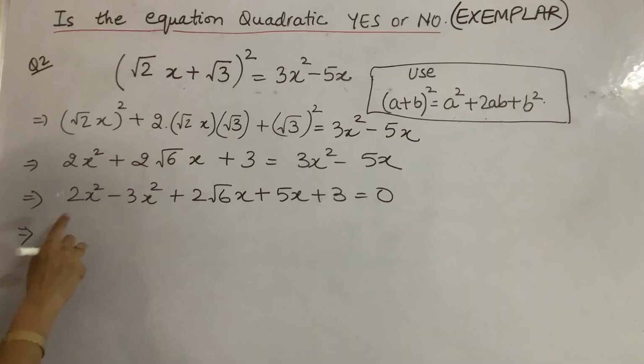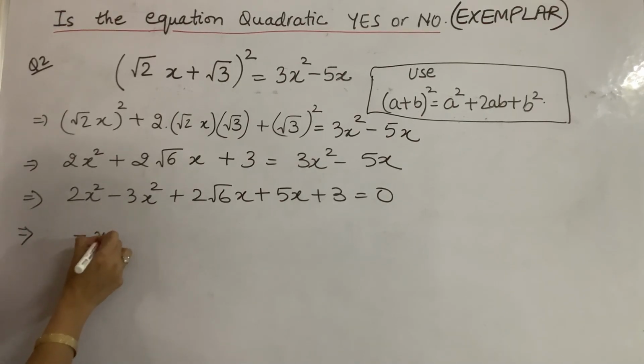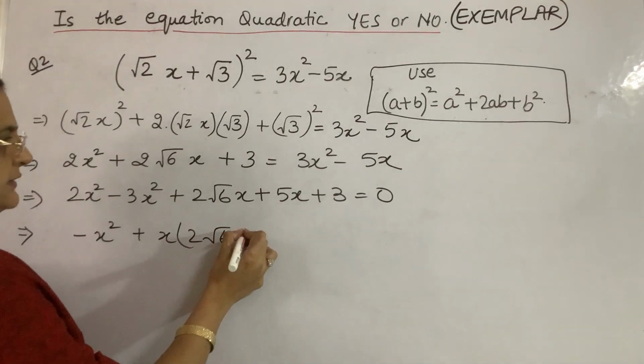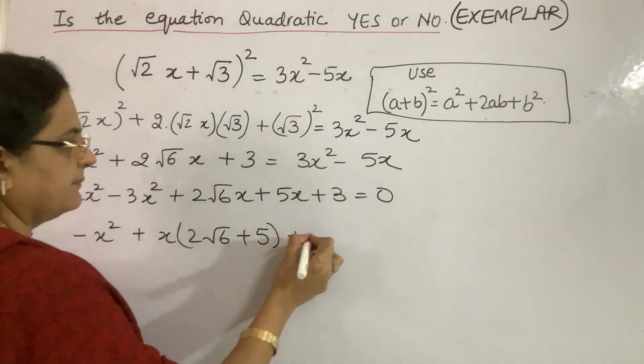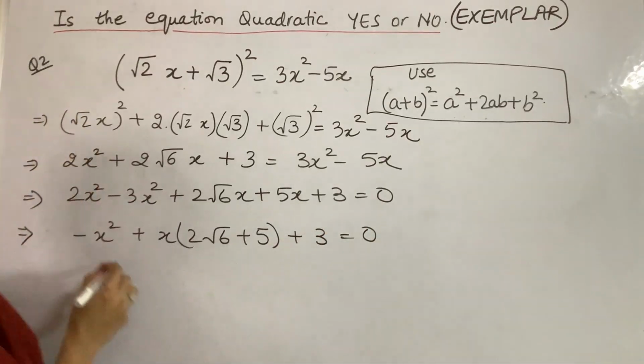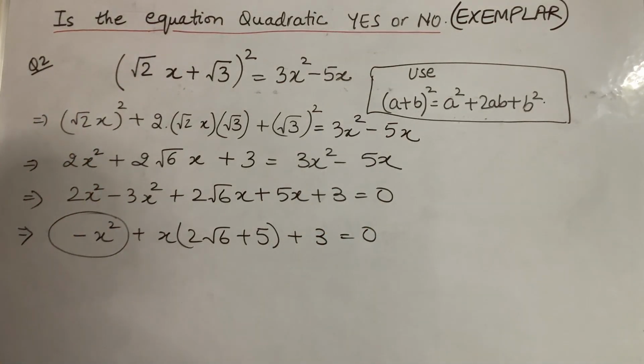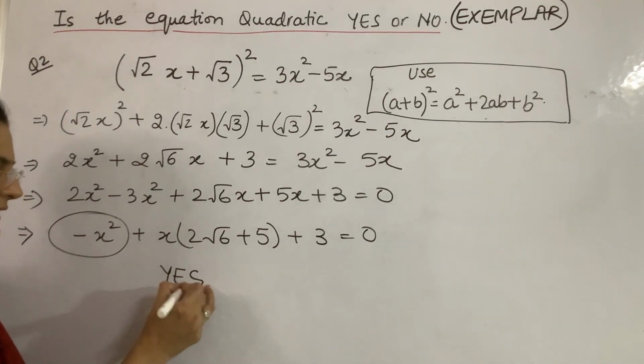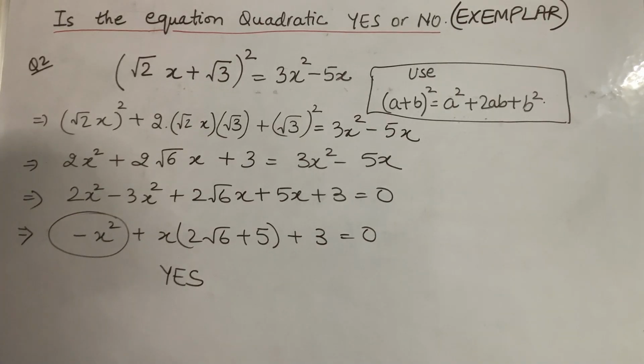Now let us do this. So this is minus x square plus x into 2 root 6 plus 5, plus 3 is equal to 0. We see that the x square term is there in the final result. So we will say that yes, this equation is a quadratic equation.